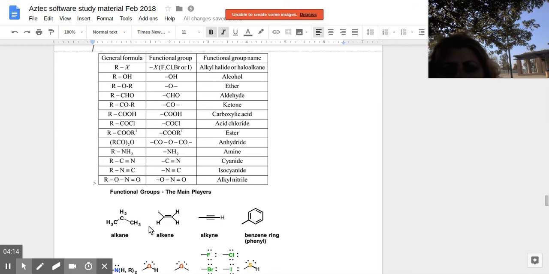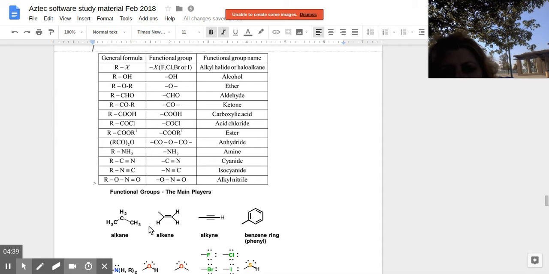And then alcohol is any R group to an OH. Ether is an R group to an oxygen, and then another R group. So the functional group is oxygen. Aldehyde is R group to a CHO, carbon, hydrogen, oxygen.